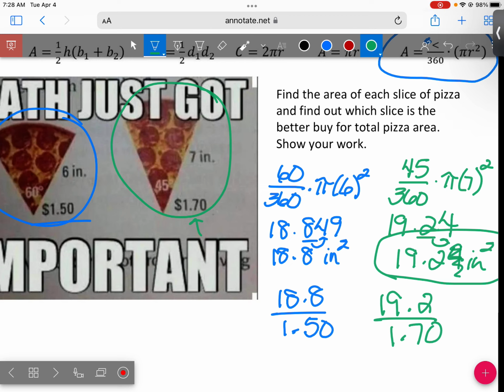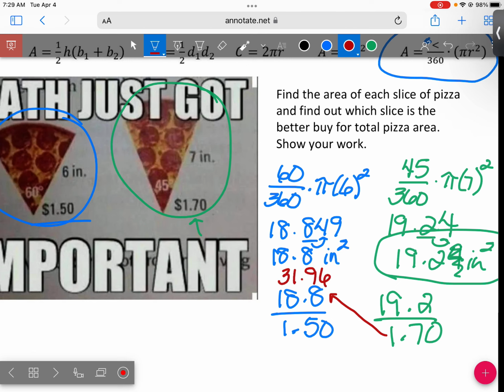So what we can do here is cross multiply and say $1.70 times 18.8. Those of you with calculators, let's see what you got. 31.96. Okay, 31.96.